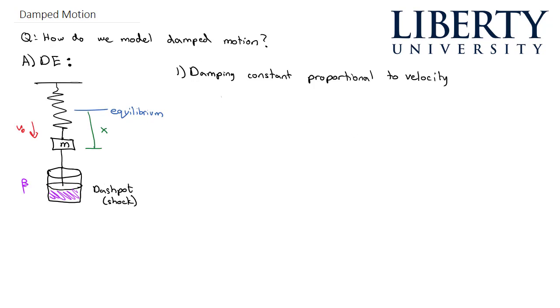In other words, the damping force, we'll call it F sub d, is equal to negative beta times the velocity. But we know velocity is equal to the first derivative of the position, which means if we put this together, the entire force in this system is going to be the force of the spring plus the force of the damping motion.